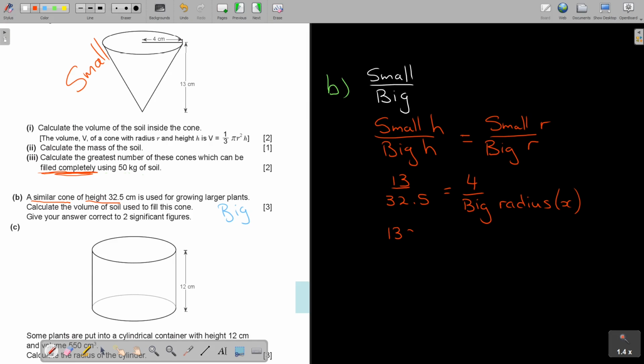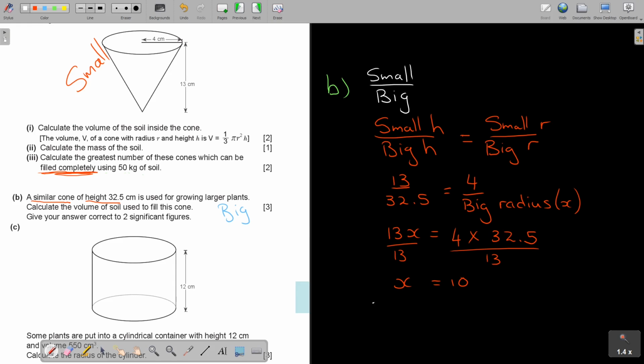I say 13x equals 4 times 32.5. And now I'm just going to divide by 13. So it's 4 times 32.5, divide 13 equals, oh, this is excellent, it's 10.